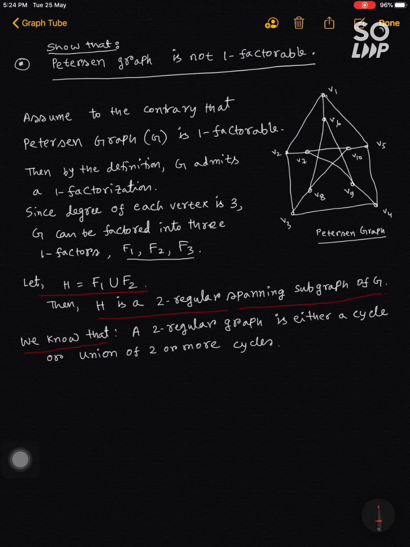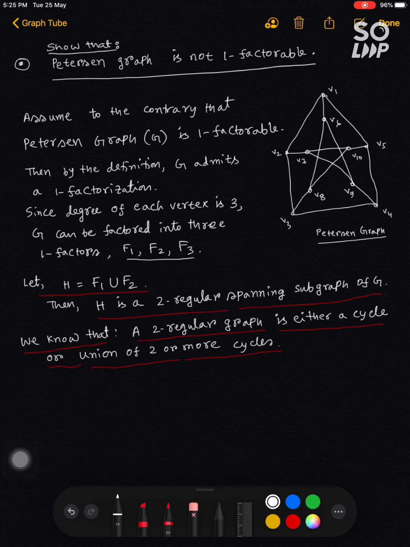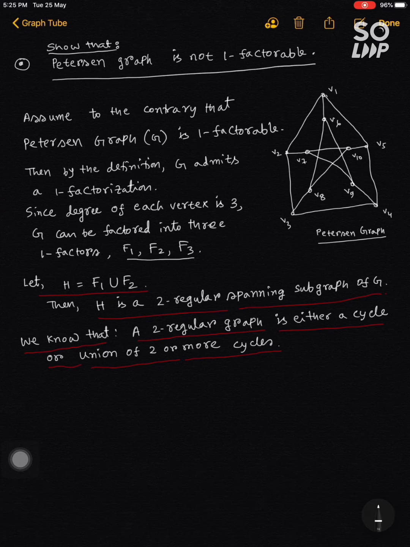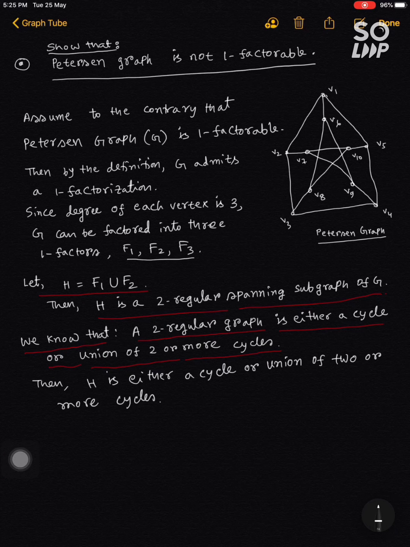We know that a 2-regular graph is either a cycle or a union of 2 or more cycles. Then H is either a cycle or a union of 2 or more cycles.